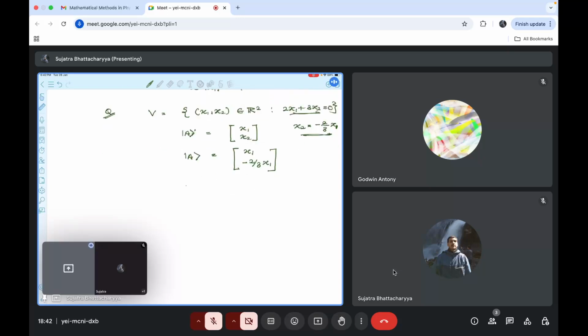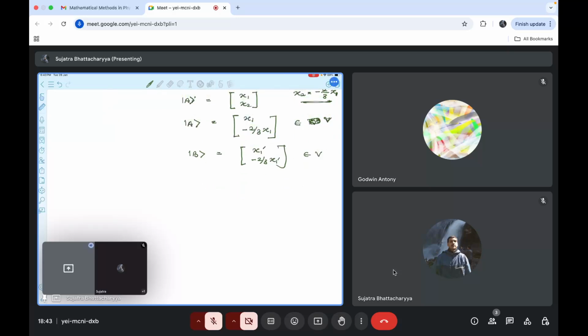Alright. Similarly, this also belongs to R square, definitely. What about B? B is also coming from this vector space. B is the same thing, but with x1 dash, so minus 2 by 3 x1 dash. Some different elements. Okay, this is also coming from the same space, following the 10 conditions.